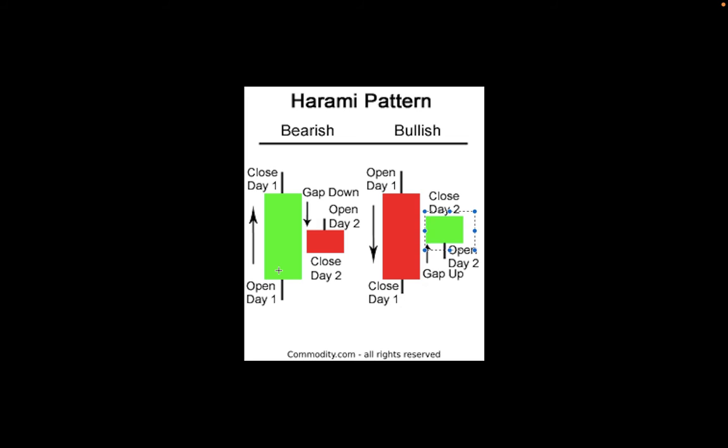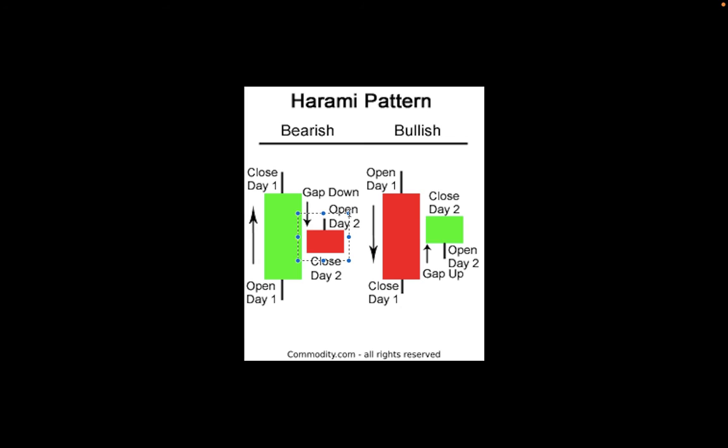The pattern consists of a long green candle followed by a small red candle which falls within the body of the first candle. The next day must show weakness, confirming the reversal.